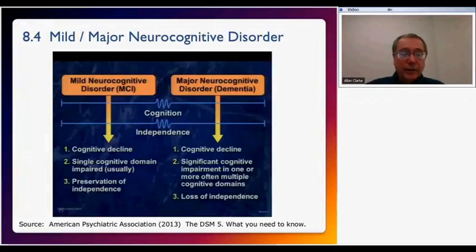We start looking at mild neurocognitive disorder when you've got cognitive decline, and in that list of 6 domains, there's one area that's particularly impaired. But the impairment isn't such that it interferes with the person's independence. They can still take care of themselves, they can still manage, and they don't need additional care. We start moving into major neurocognitive disorder when more than one domain is affected and the person loses their independence. They require the attention and care of another person in order to be able to function in life.